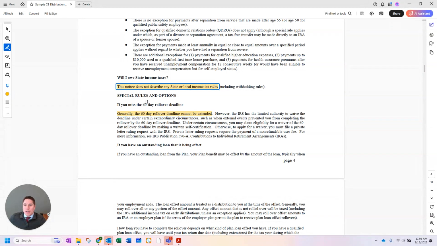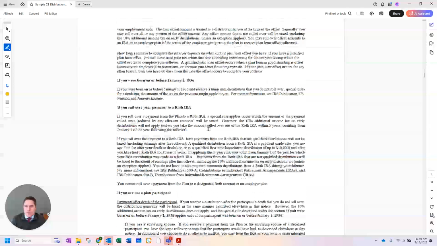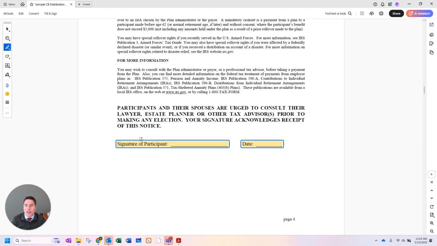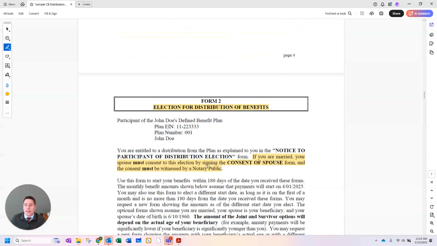So moving on, this notice does not describe any state or local income taxes, but those do apply if you take the money home. And then, you can read through this if you want. I read through it all. I think what I covered is the most relevant part, and then sign and date it at the end, acknowledging that you did receive this.